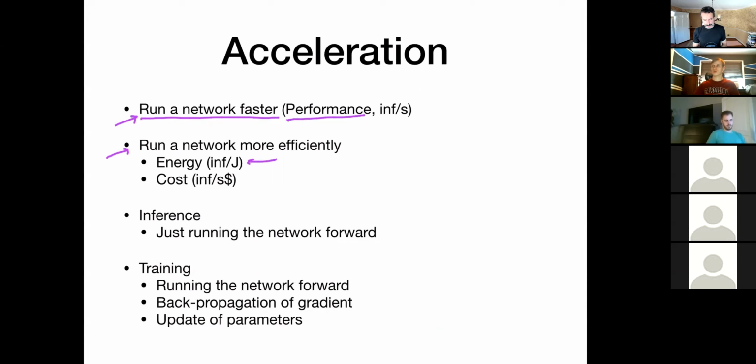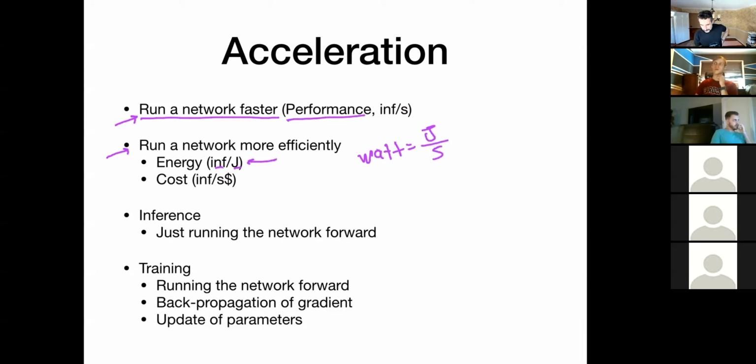And energy efficiency means inference per joule. Joule is the unit for energy, right? If you're familiar, this is the formula that you have. What is joules per second?